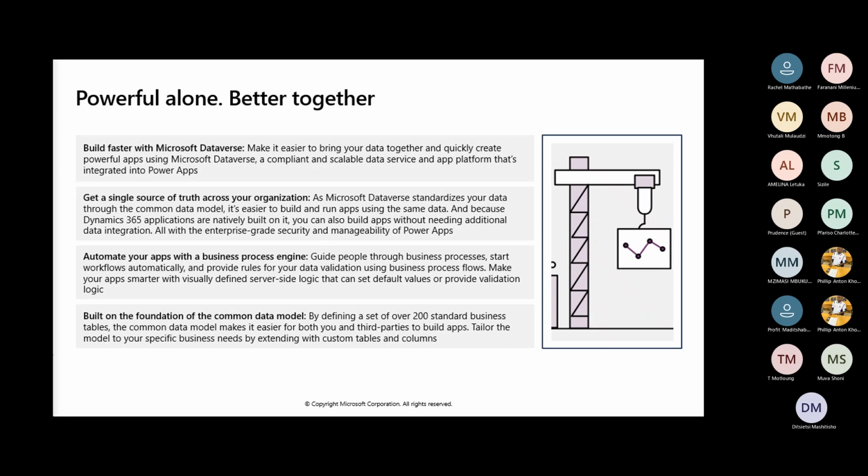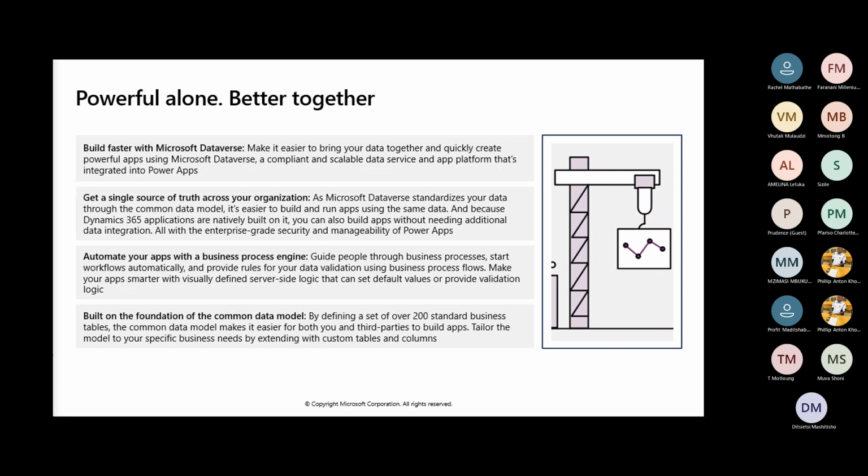And then you can automate your apps with a business process engine, with which you can guide people through business processes, start workflows automatically, and provide rules for your data validation using business process flows. And then you can make your apps smarter with visually defined server-side logic that can set default values or provide validation logic, and then you would have built on the foundation of the common data model.